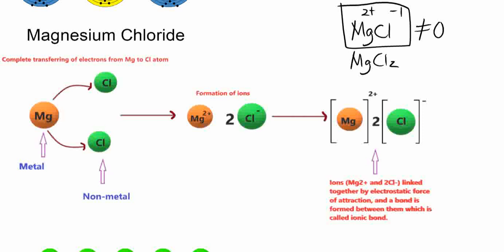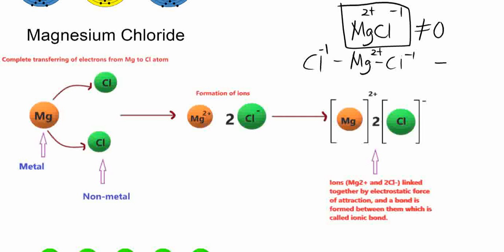The net charge of the ionic compound has to be 0. So we need 2 Cl. Since Mg has the charge of 2+ and Cl has the charge of -1, to balance the 2+, it needs another -1. So that's why we get MgCl2.